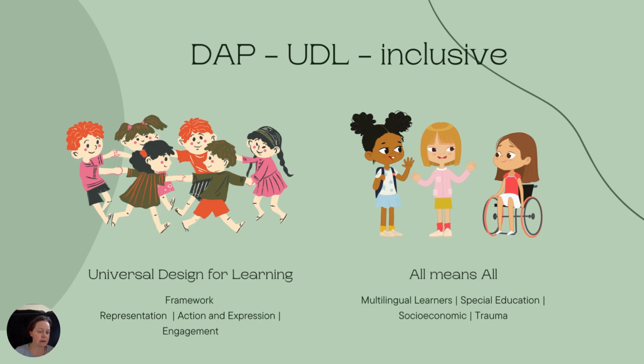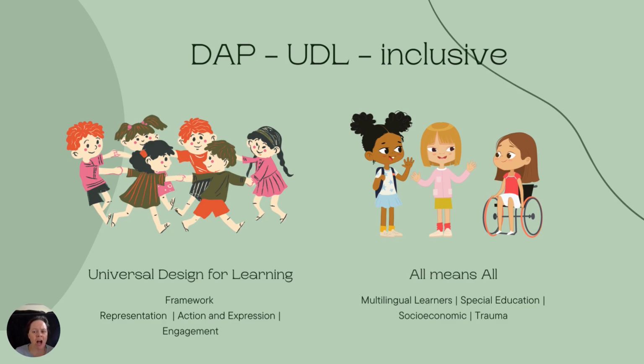through universal design for learning, which is a framework to support all learners in a classroom. For representation, we are planning intentionally how to offer information in more than one format so that it is accessible for every child in our classroom.